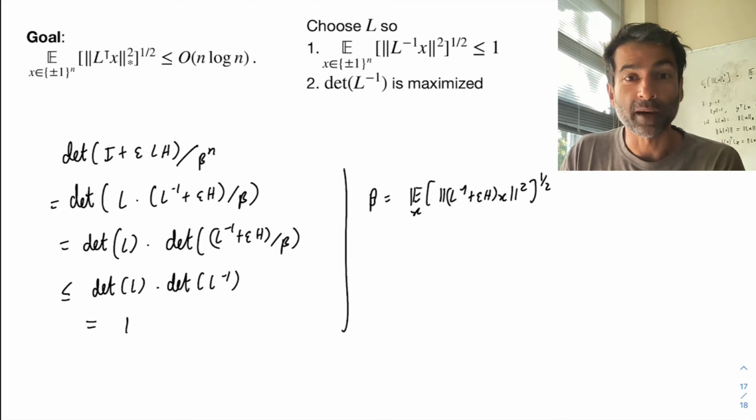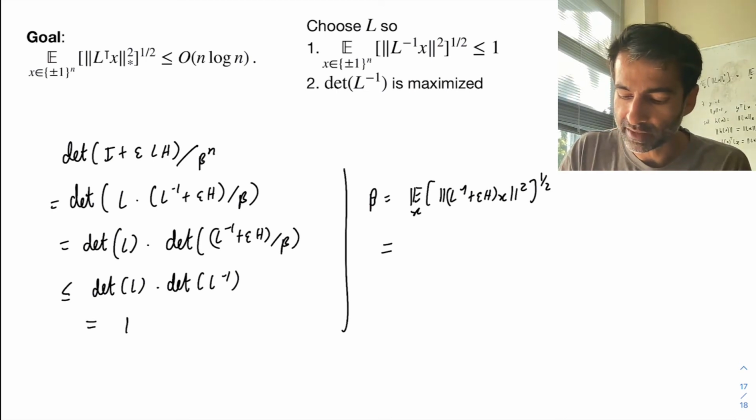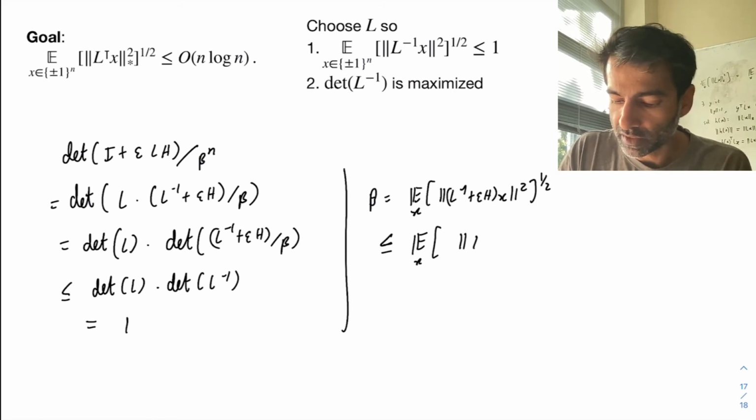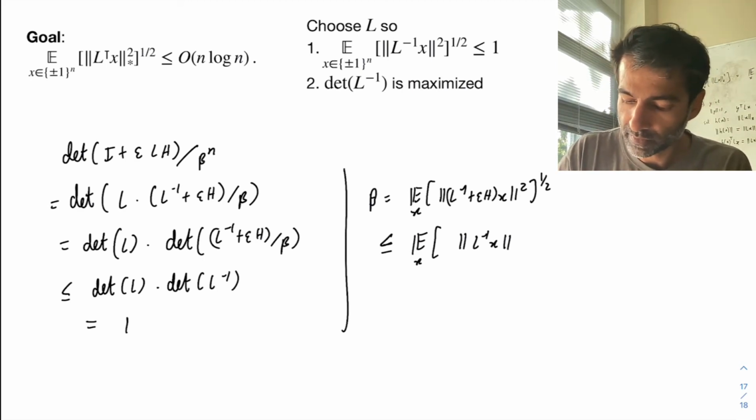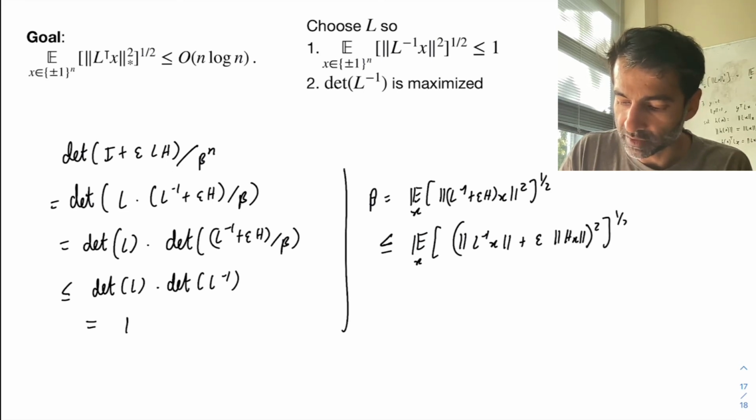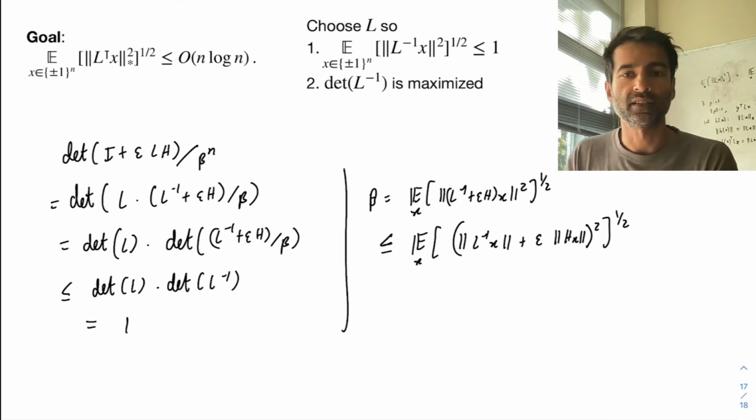And now let's bound beta. Beta I can bound using the triangle inequality. It's the expected value over x of the norm of L inverse x plus epsilon h x, the whole squared to the square root. This is by the triangle inequality.